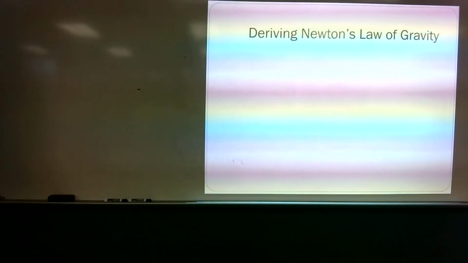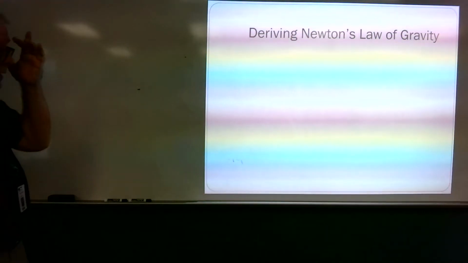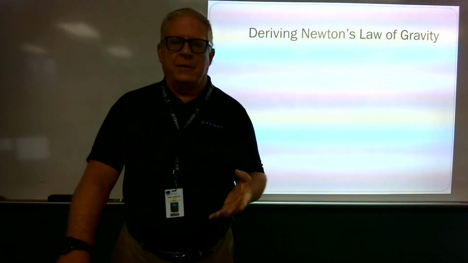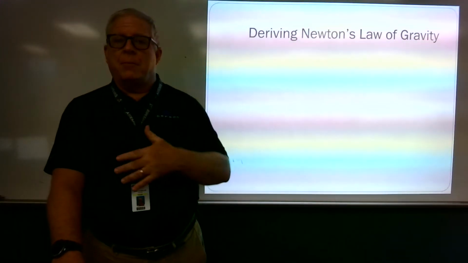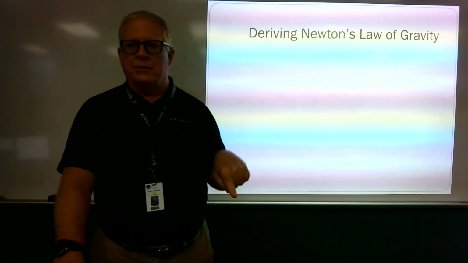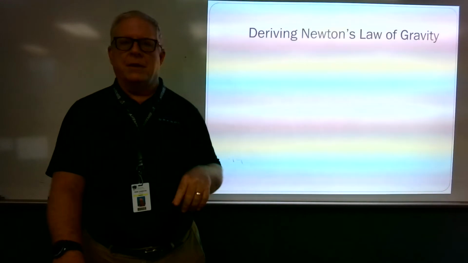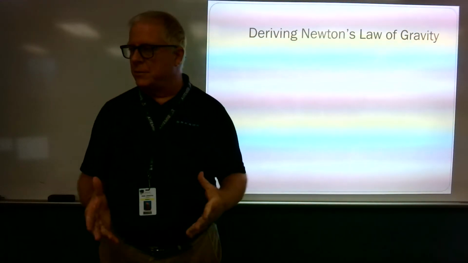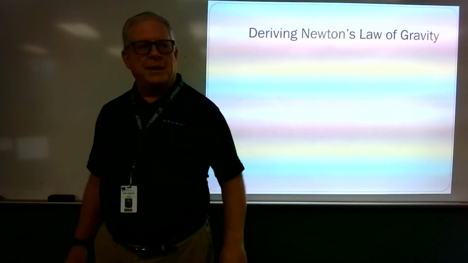So let's go ahead and take a look at how one could derive Newton's law of gravity from Kepler's third law and our knowledge of circular motion. So we're going to use a circular path here. It works for a general elliptical path, which is what Newton knew that the planets moved in.